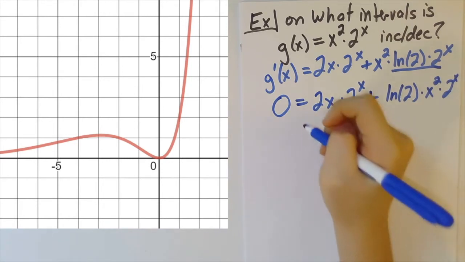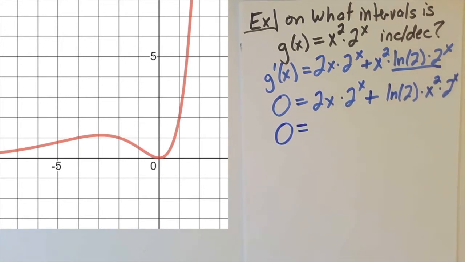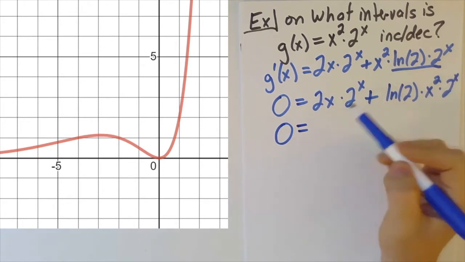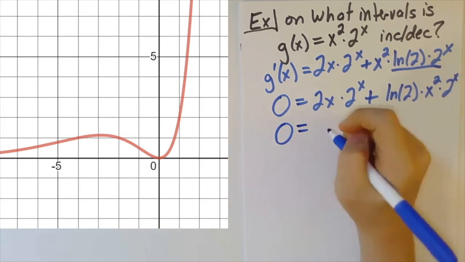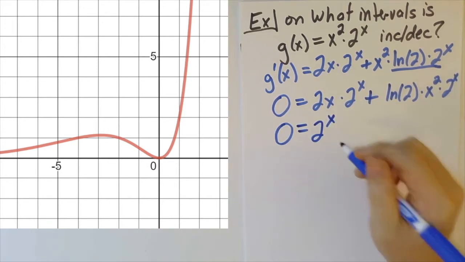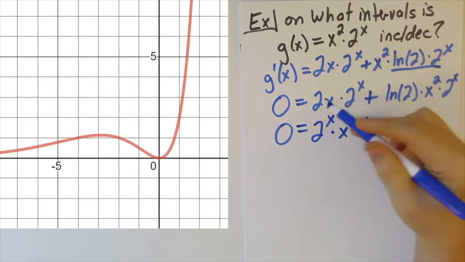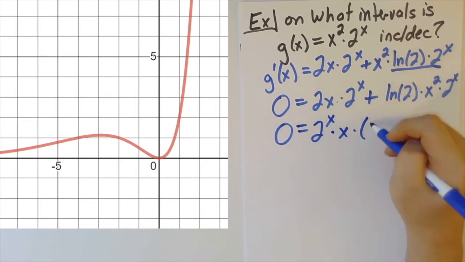Well, the way I'm going to solve this is going to be to factor. And so I have to look at what's in every term that I can factor out. Okay, well, there's definitely a 2 to the x in every term that I can factor out. But if you look, there's actually also an x in every term that I can factor out. So if I factor out a 2 to the x and an x, in this first term, I'm left with a 2.